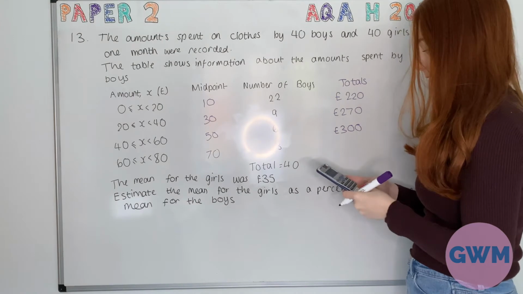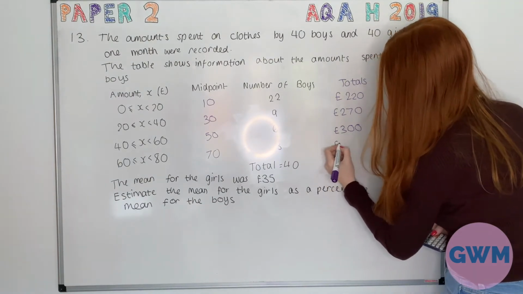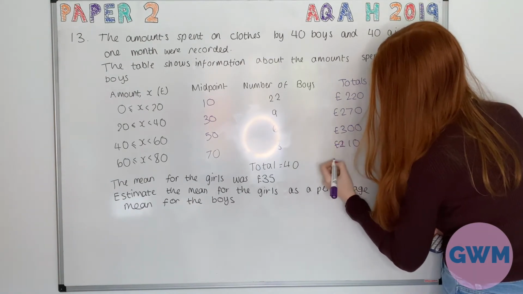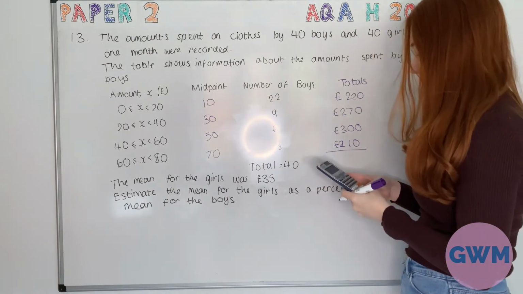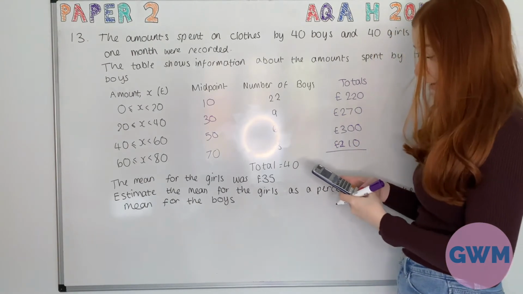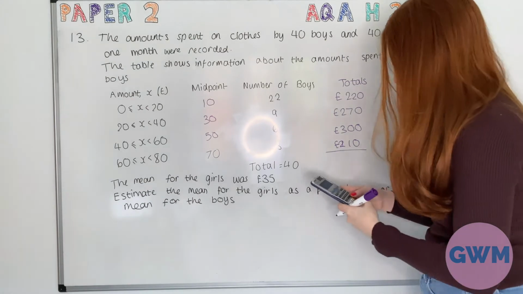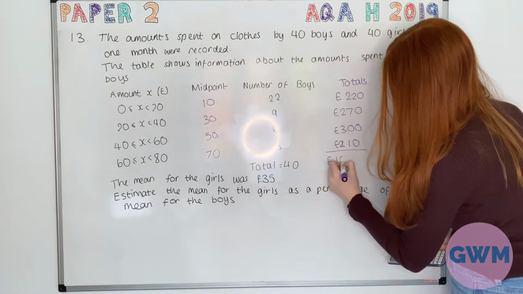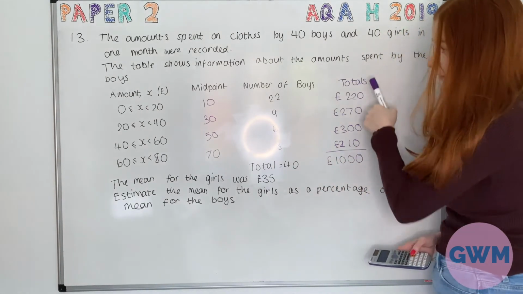And 70 times 3 is 210. We want the total for those, so we add them all up. 220 plus 270 plus 300 plus 210 is £1,000. So the total is £1,000.